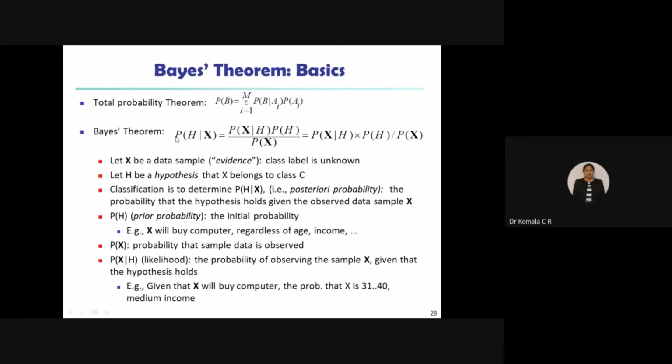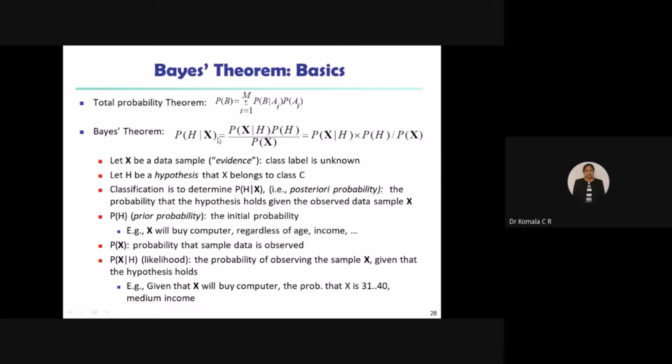With this concept, we have derived the equation of Bayes theorem, the final equation for the probability of H given X. H is the hypothesis, the observation or theory you get with respect to X. What is X? X is some sample data. Let X be a data sample, whose class label was unknown before, and now I am deriving classes with some labels.